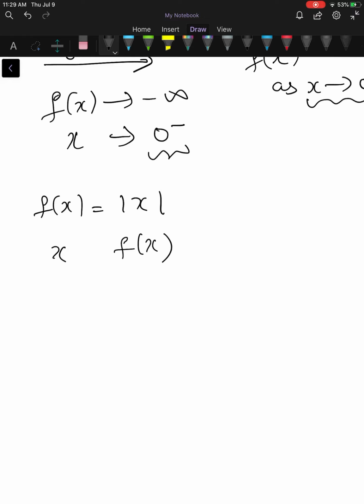So suppose I consider x tending to 0.1, so the absolute value of x will be 0.1 for negative 0.1, correct? And if x is 0.001, then the absolute value will be 0.001 itself.